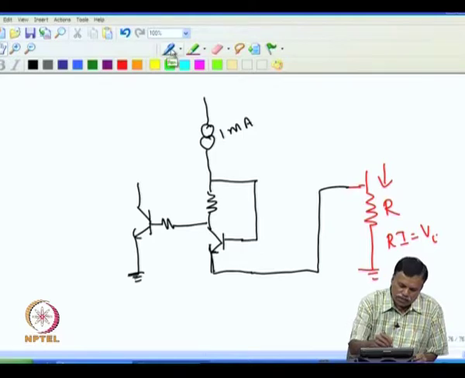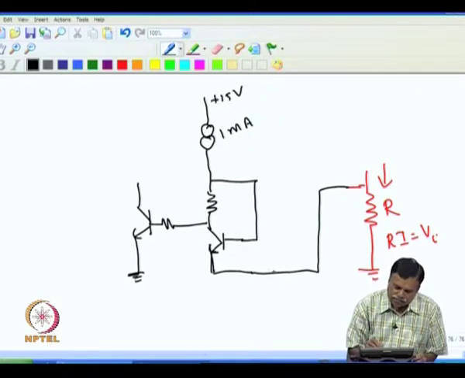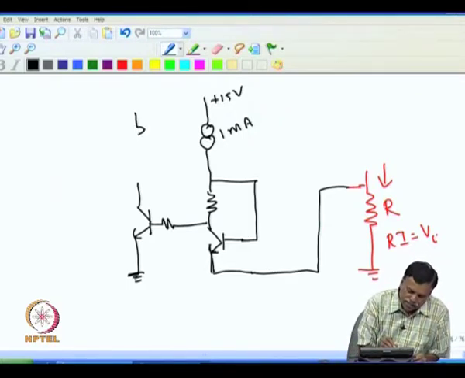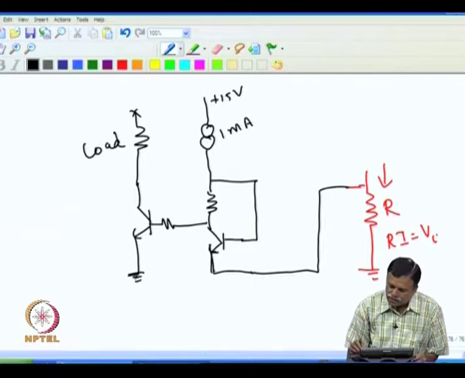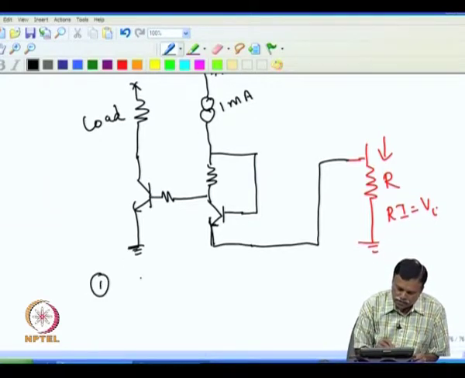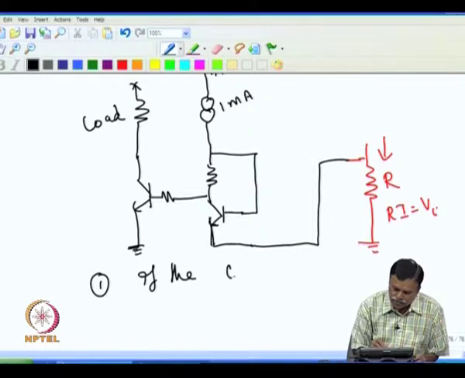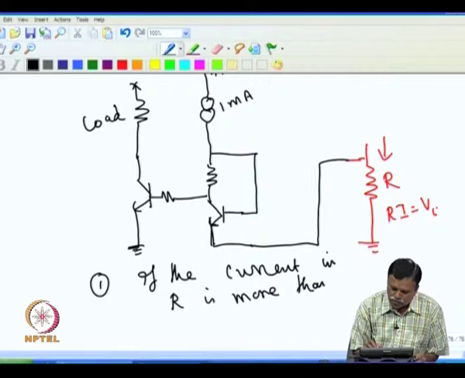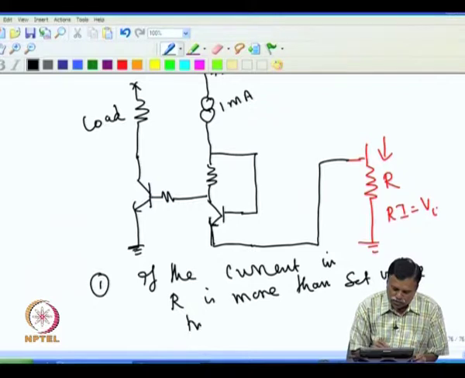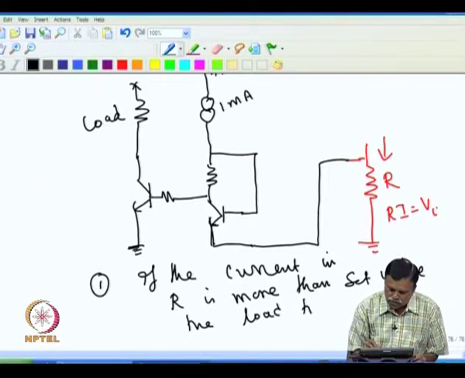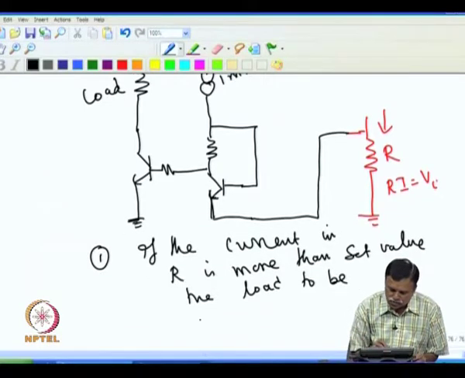So, assume that this is a plus supply, and we have a current source. This we can consider as another load. All that is needed is, if the current in R is more than a set value, the load, which we call RL, is to be switched off.